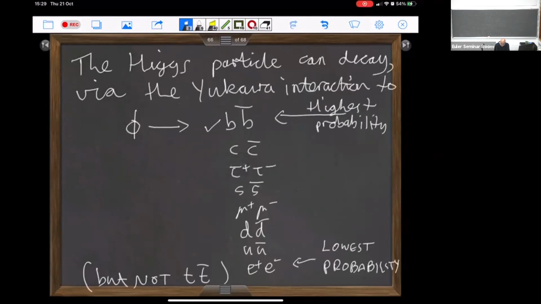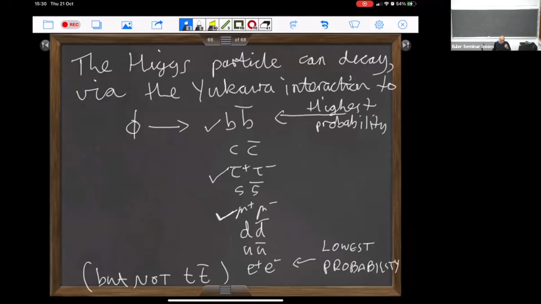This is actually measured. And this one we have evidence for, but not yet conclusive evidence. So in other words, one does proton collisions at the LHC, and some fraction of the time you produce Higgs bosons.